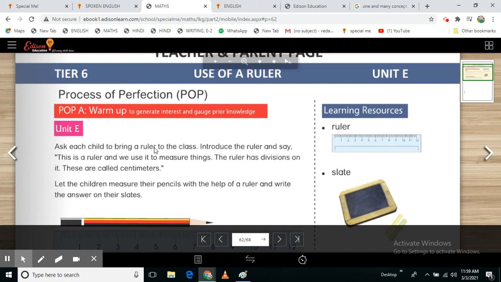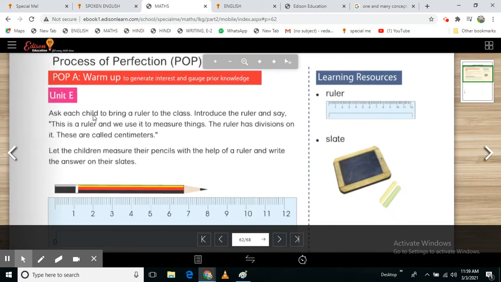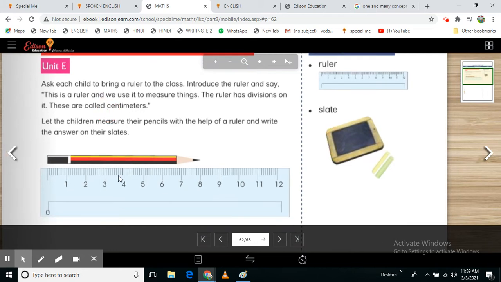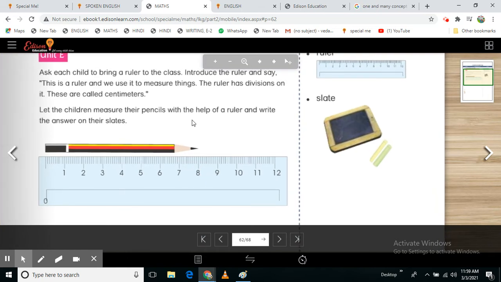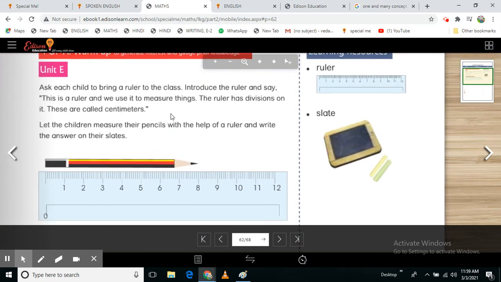So process of perfection. Ask a child to bring a ruler to the class. Introduce a ruler and say, this is a ruler and we use it to measure things. So what do we do with this ruler? We measure things, their length and height, right?